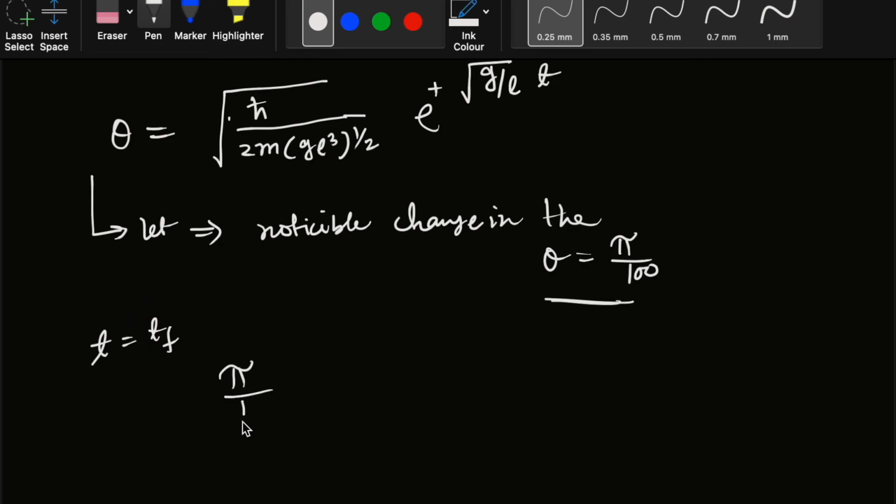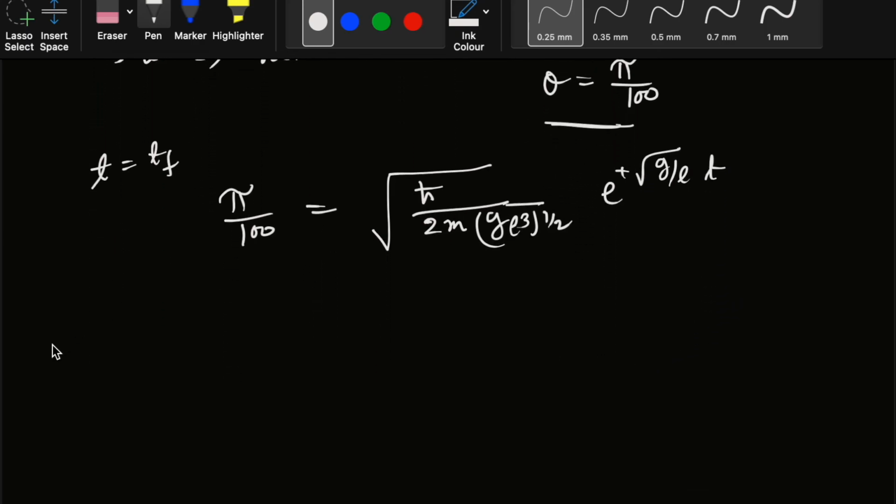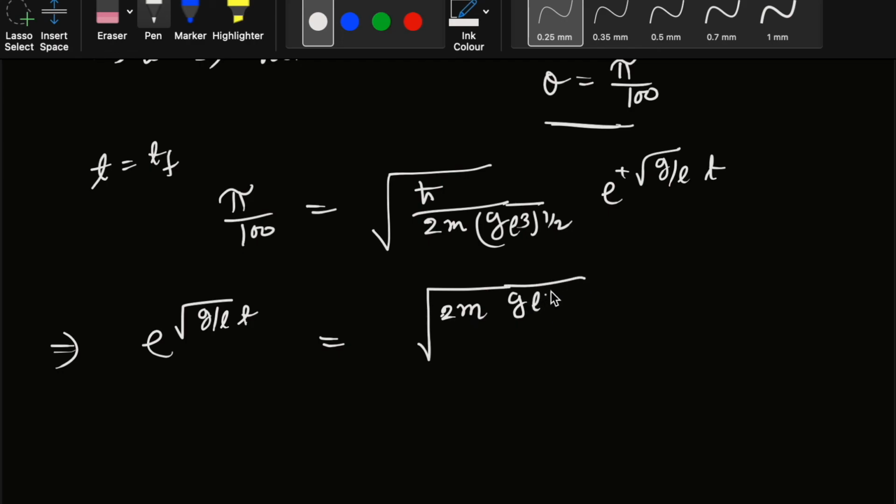So this will be pi by 100 is equal to root over h cut by 2m g l to the power half, e to the power plus root over g by l t, that is e to the power root over g by l t is root over of 2m g l to the power half by h cut into pi by 100.